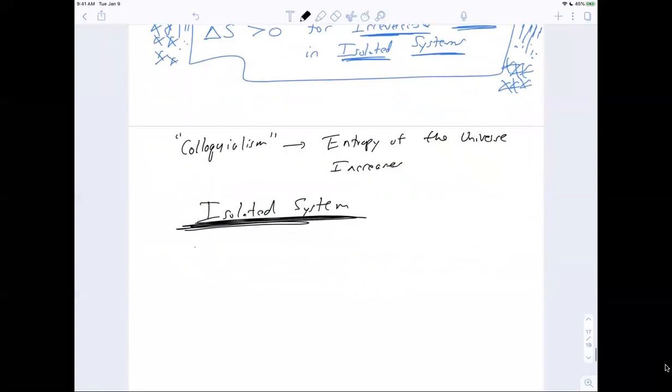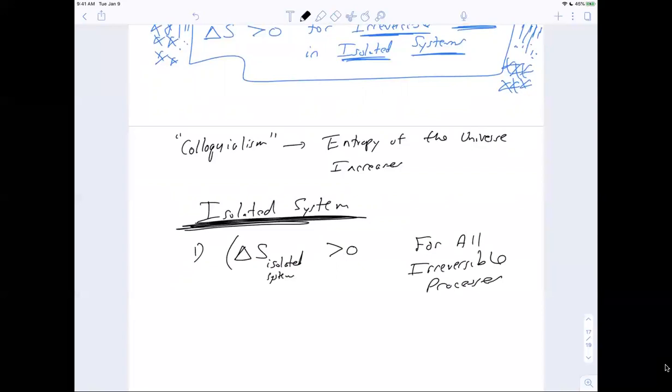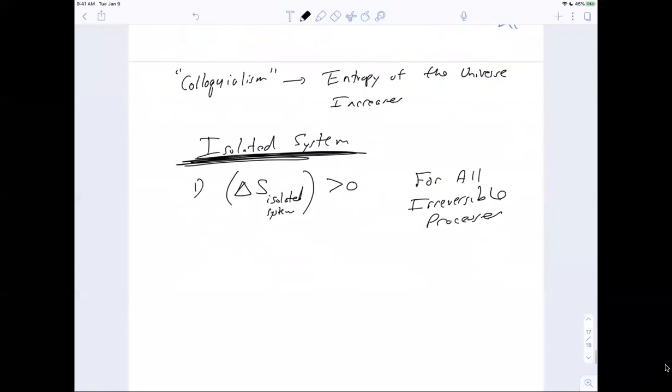For an isolated system, delta S is greater than 0 for all irreversible processes. So if we have any irreversible process occurring in an isolated system, delta S is going to be greater than 0. Okay, so that's for irreversible.